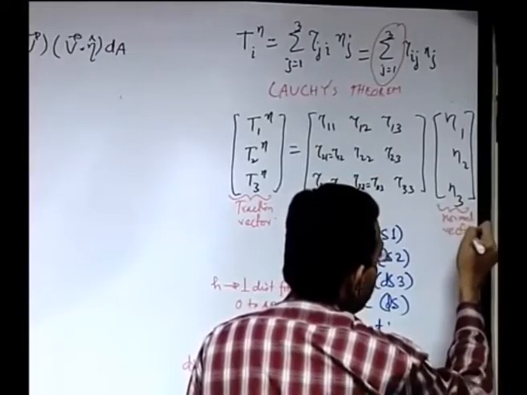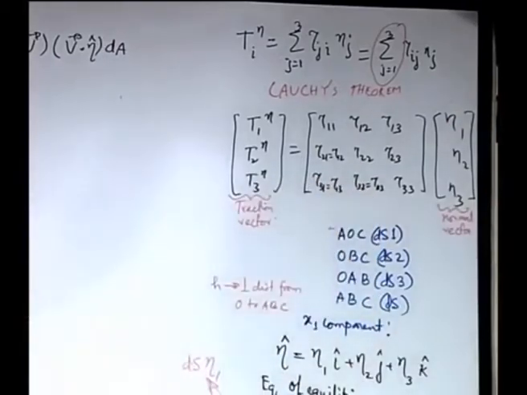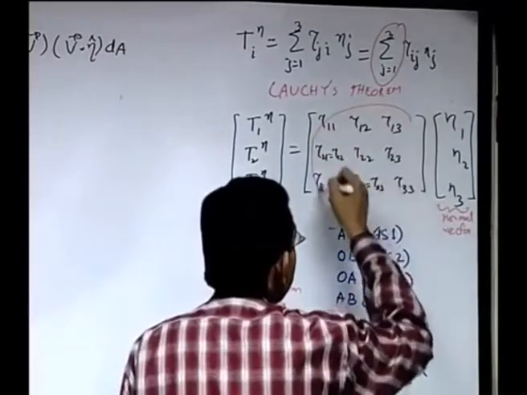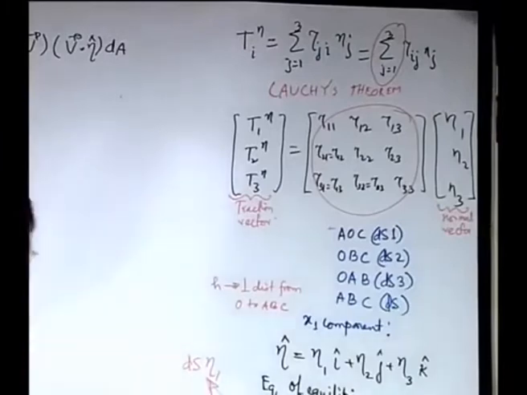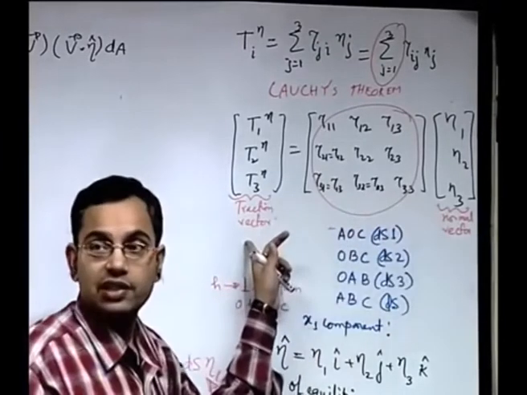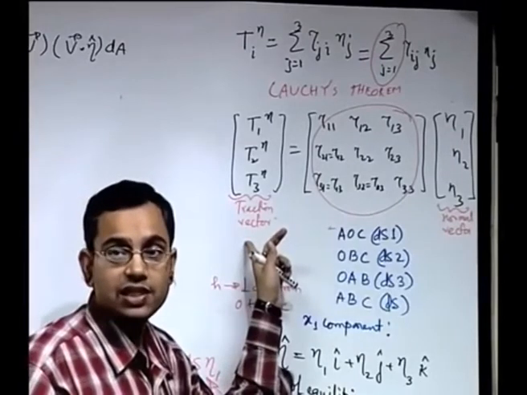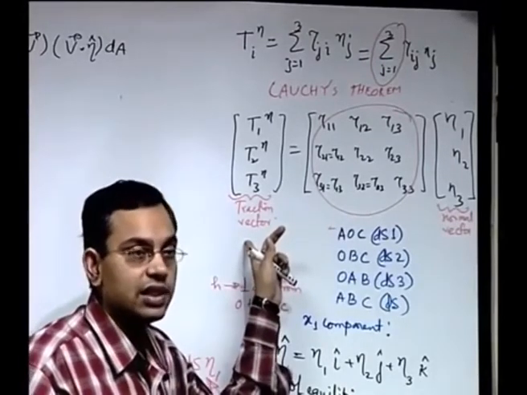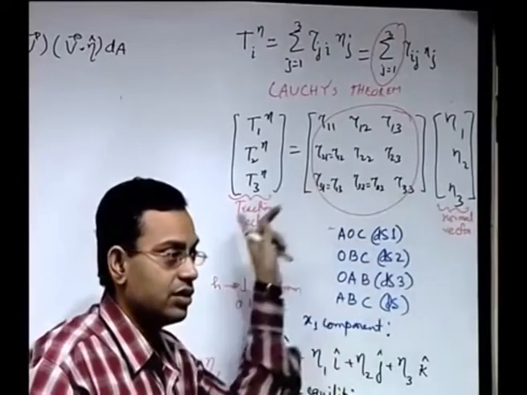The vector is of course expressed in terms of its scalar components, and you can see this stress tensor component collection is mapping the normal vector onto the traction vector. So, this is an interesting property of a second order tensor, that it maps a vector onto a vector.